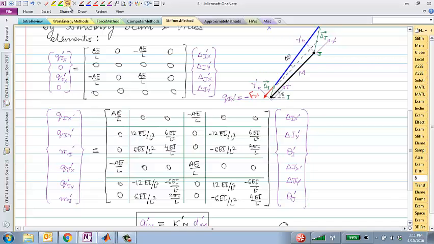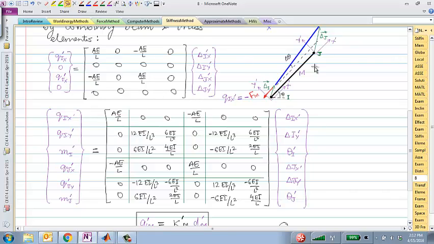Okay, so that 6x6 system of equations is essentially the relationship that we are looking for frame elements. And once again, once this is done, this is the response in the local coordinate system. So this is the most important thing. Just like for truss elements, it was very important to make sure that we know which coordinate system we are working with.